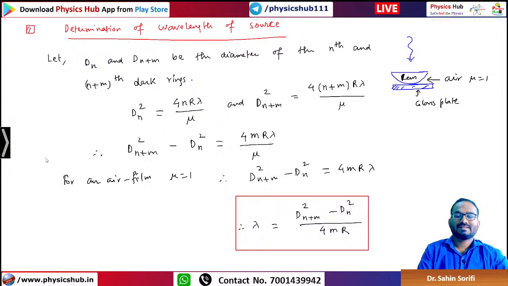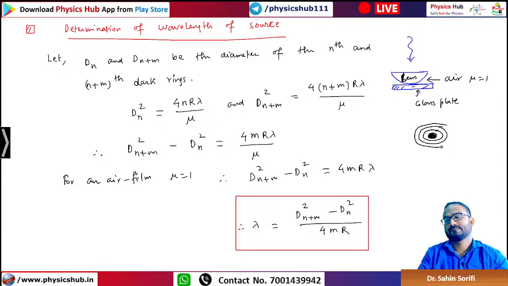So you see, r is the radius of curvature. For a provided lens, you will be easily able to measure this r value. Now you can measure the diameter of the rings. You will see the rings in this way. You will just measure the rings.